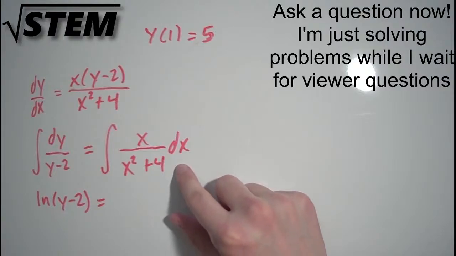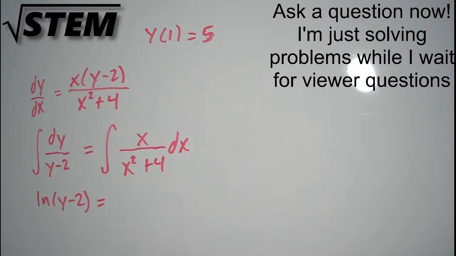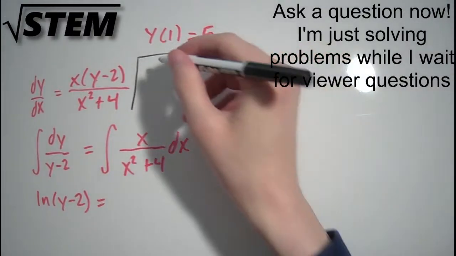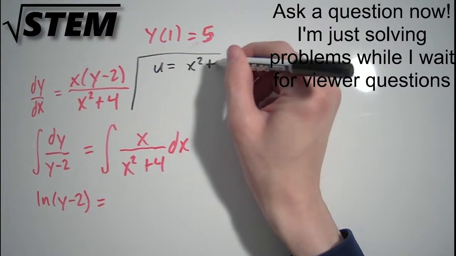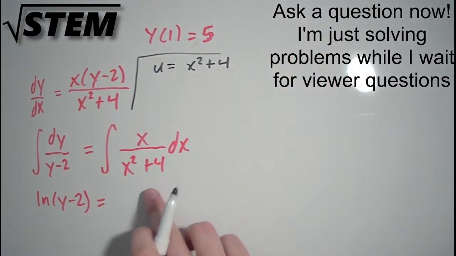Over here, we'll have to do another substitution. I think we should actually write this one out though. So we're going to let u equal x squared plus 4, the part that's on the bottom.